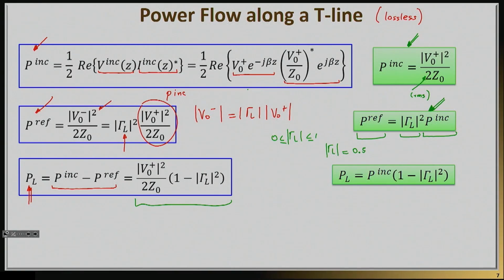Or if I write it slightly differently as a function of the incident power, then I have this other very interesting, very intuitive equation that gives me the power of the load as a function of the incident power and again gamma L.